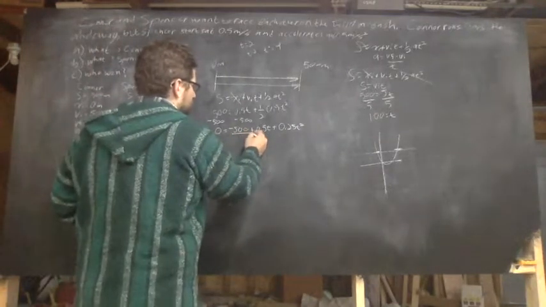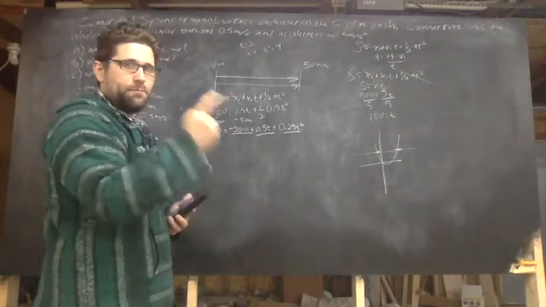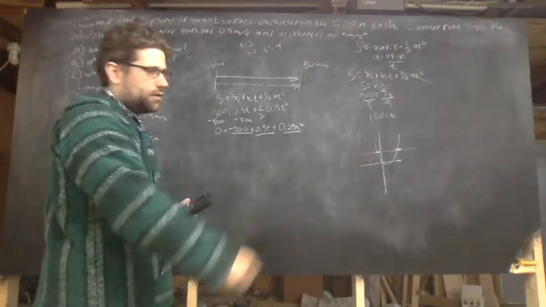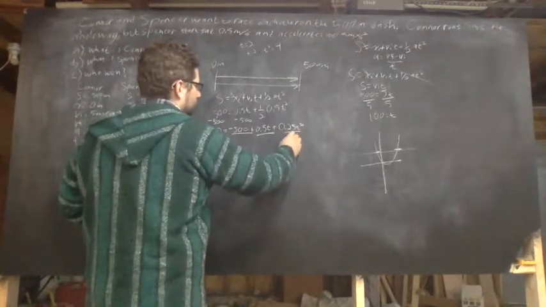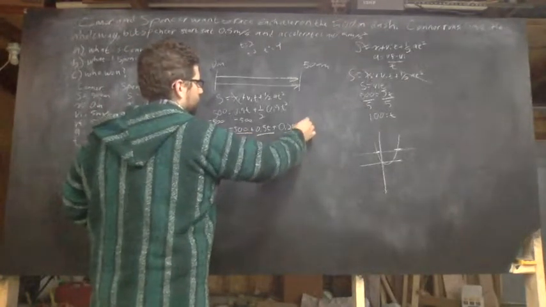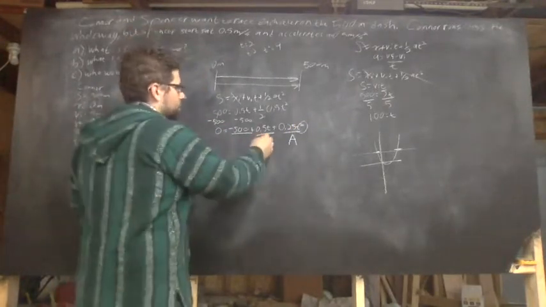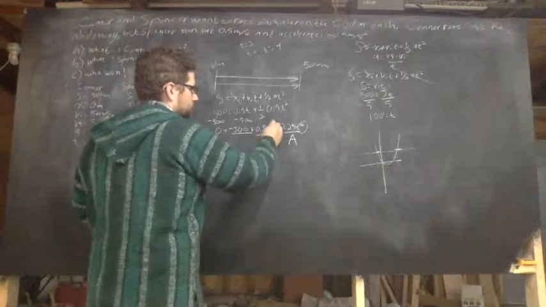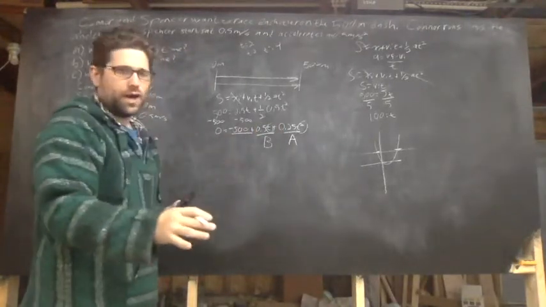Okay, now we have this set up, and what we're going to have for your program is each of these terms is going to be one part of that program. It'll ask you for an A number, a B number, and a C number. So your A number is going to be the value that's with the t squared. Your B number is going to be the value with just a regular t, with no square on it.